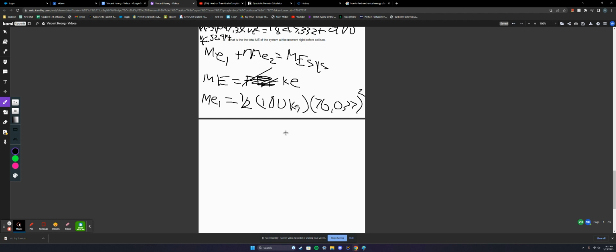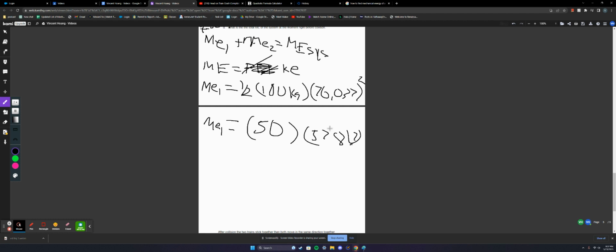So 1/2 times 100 is 50. 50, and then 76 squared is 5781.7, which is equal to ME1. Multiply these two numbers together. We get ME1 is equal to 289.085.